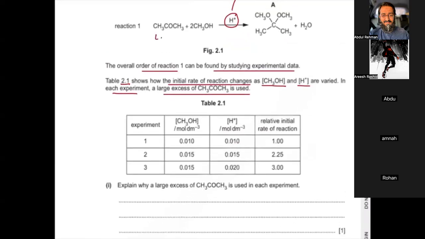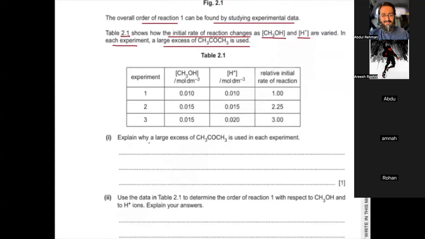Okay. So it is in large excess and the concentration of methanol and hydrogen ion is being changed and their effect has been studied on the rate, right? Okay. So here we have these values. Explain why a large excess of propanone is used in each experiment.